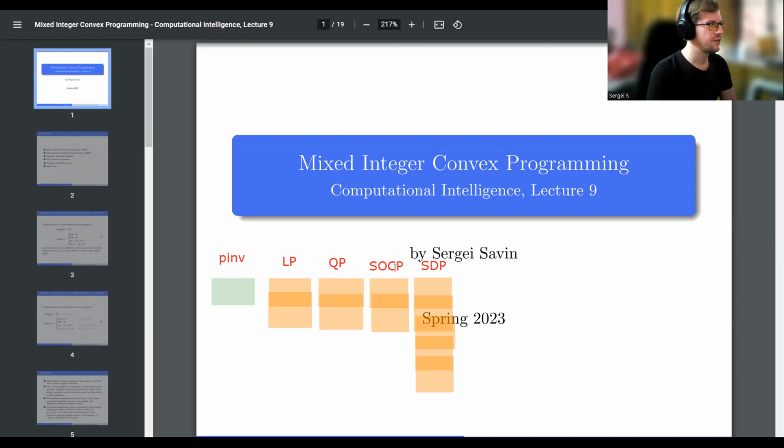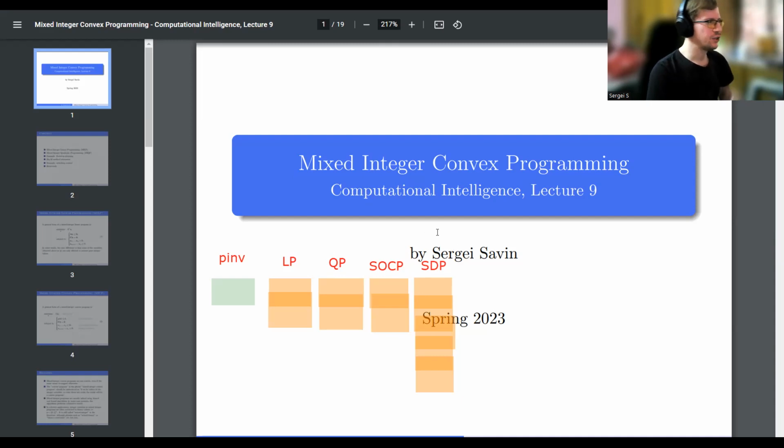For SOCP, something like SeDuMi has been a very popular free solver. MOSEK and Gurobi, popular commercial solvers, provide you ways to solve SOCP. SDP is also provided. I think Gurobi provides it, but I can be wrong. One of Gurobi or MOSEK provides it. SDPT3 is a very popular solver for SDP, I hope I pronounced the name correctly.